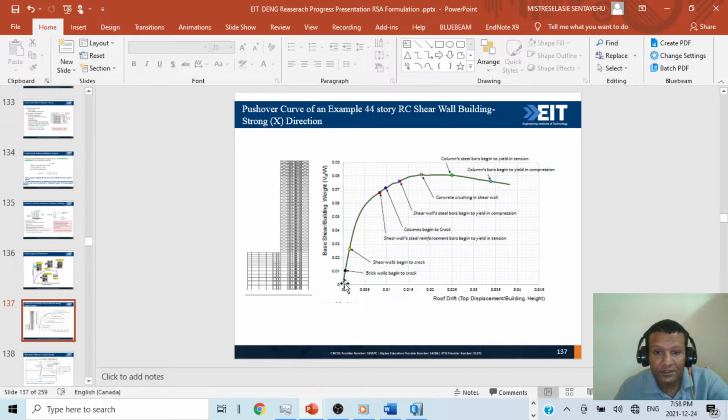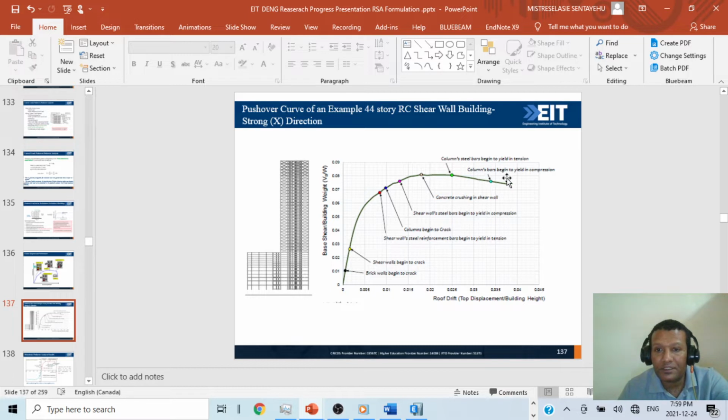As you can see, when the curve is going, at this point brick wall begins to crack, at this point shear wall begins to crack, again at this point shear wall steel reinforcement begins to yield, at this point column begins to crack, at this point shear wall steel bar begins to yield. Again, when it reaches this point, concrete crushing in shear wall. Like this, here column steel bar begins to yield.